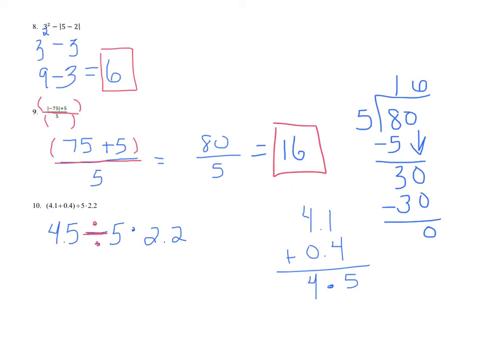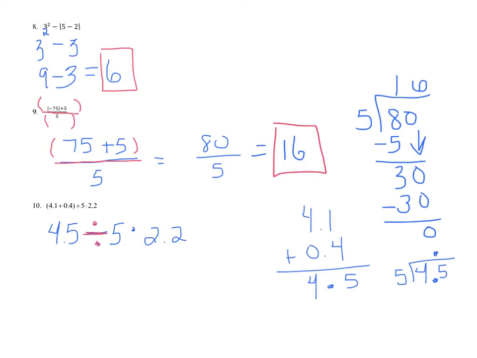Again, I'm going to pull this off to the side. So over here I have the 4.5 divided by 5. Now remember, when dividing decimals, all we're concerned about is that the divisor, the number on the outside, is a whole number. In this case it is, so I don't need to move my decimal place. I'm just going to simply bring it right up into my answer.